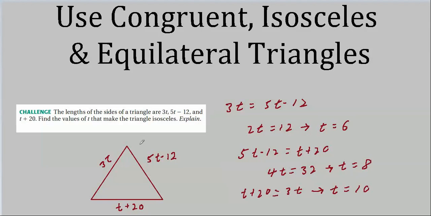See, it's what they call a challenge. You get all this stuff here that you're trying to visualize, this triangle with all those t's around it. Well, don't make it hard on yourself. Just draw yourself a triangle. Push this stuff in here. And now it's easy to see what they're saying. They're saying set this equal to this, set this equal to this, and set this equal to this.